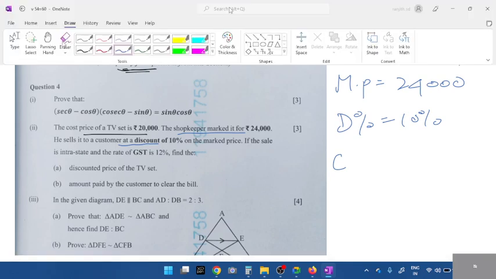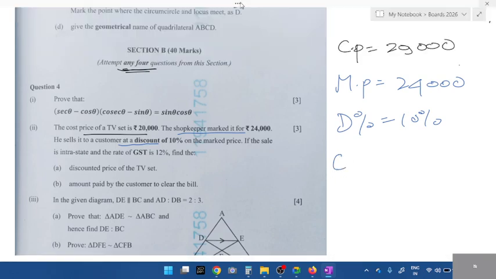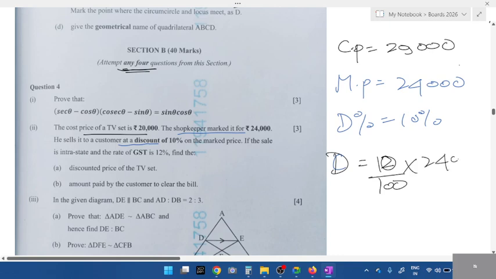How do you find the discount amount? 10 divided by 100 into 24,000, or 24,000 into 10 divided by 100. One is given in rupees, the other is given in percentage. So multiply it. 10 divided by 100 into 24,000. What's the answer? 2,400.